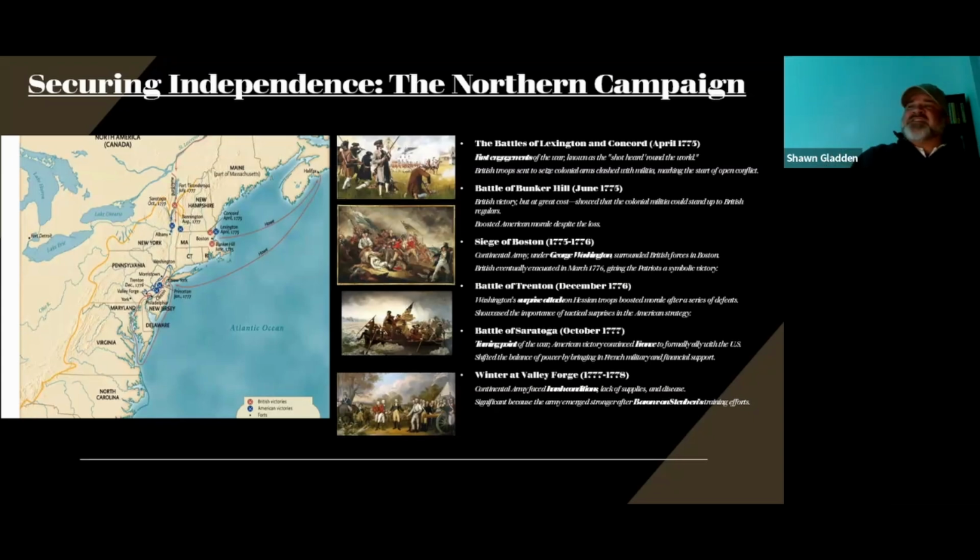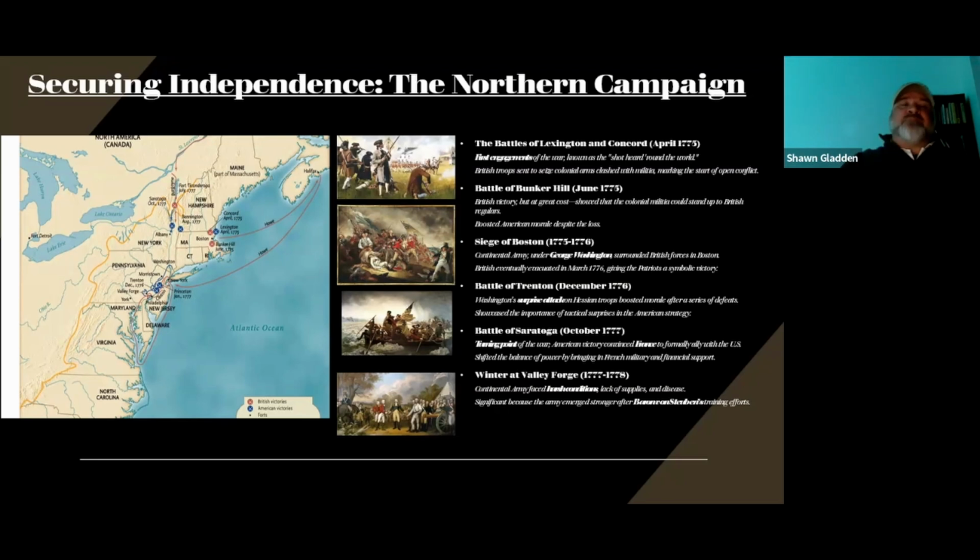But the battles of Lexington and Concord start the Revolutionary War. The Battle of Bunker Hill is, one can make the argument, the counterattack from General Howe's troops who are in control of Boston. So after the Battle of Bunker Hill, he's got this position, but he's got to retreat to secure Boston. And by retreating back into Boston, this is the beginning of the siege of Boston.